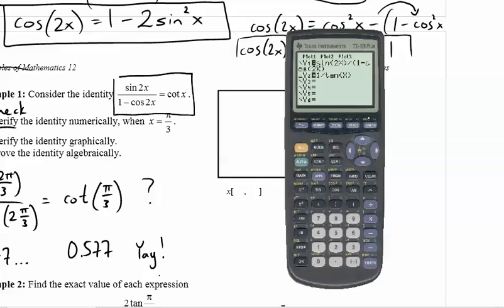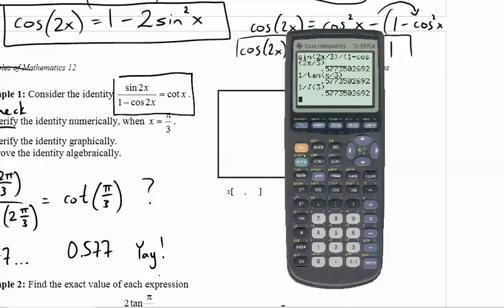So let's make one of them dark. Here is sine 2x over 1 minus cos 2x. Here comes cotangent. It's not quite the same, actually, on my calculator. One of them drew the asymptotes, one of them didn't.